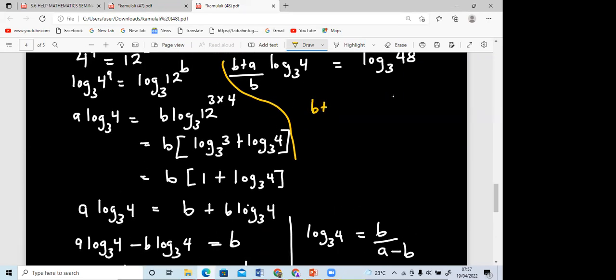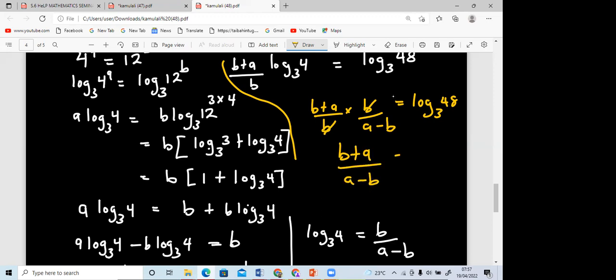So I'll have (b plus a) out of b, then times b out of (a minus b) is equal to log base 3 of 48. So this b and the b will cancel, so I remain with (b plus a) out of (a minus b) equaling log base 3 of 48. And therefore, you have proved it.